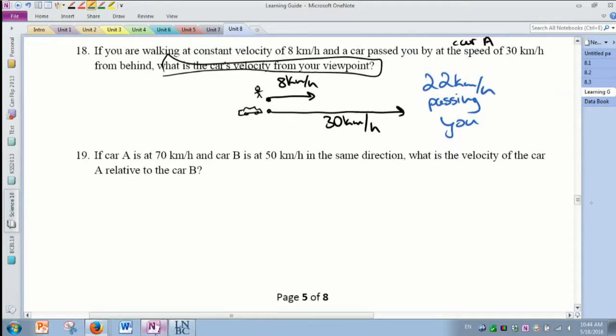And then what does 19 look like? Car A is at 70, car B is 50 in the same direction. What's the velocity of car A relative to car B? The relative velocity is going to be, so there's my 50, there's my 70.